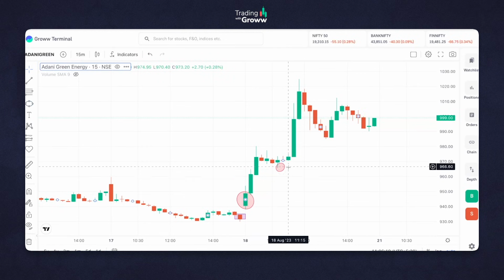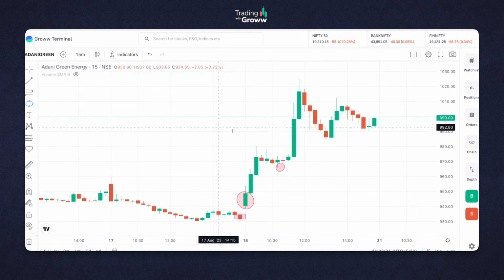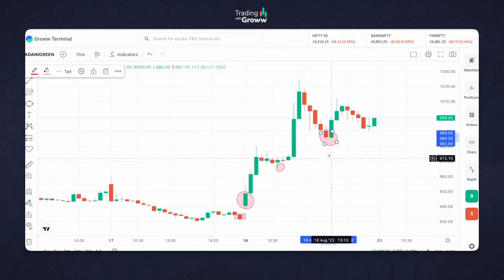We will be using approximately this level, which is 965, as our stop loss. Then the market moved up and started going down again, and it created a new swing low, which is this level. So again this level will be our new trailing stop loss.